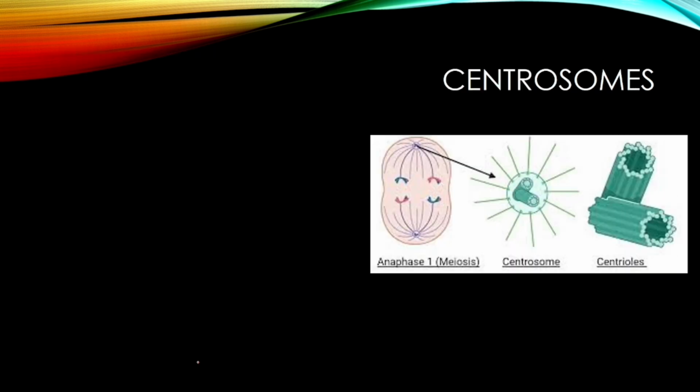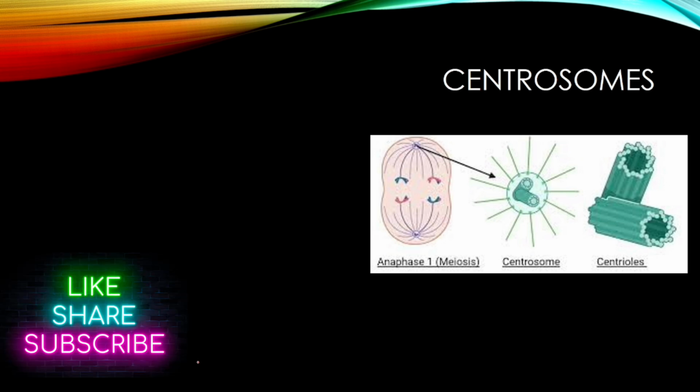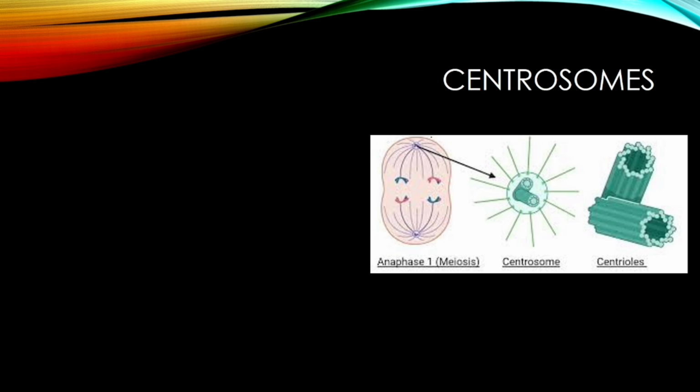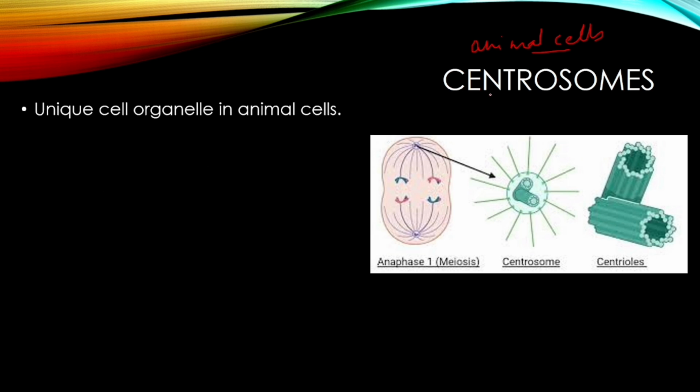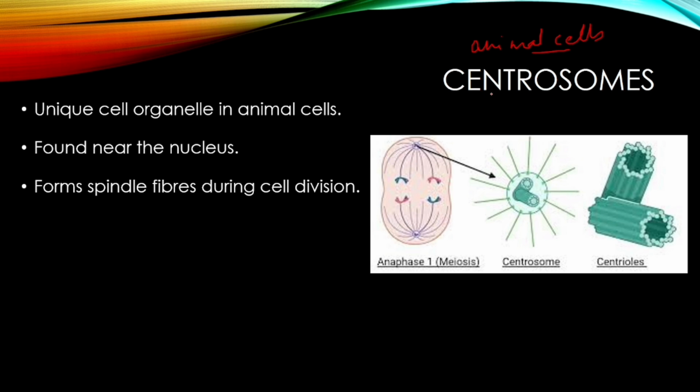Next one is centrosomes. Centrosomes are the unique organelle present in the animal cell. Plant cells do not have centrosomes. It is found near the nucleus. It helps in the formation of spindle fiber during cell division.